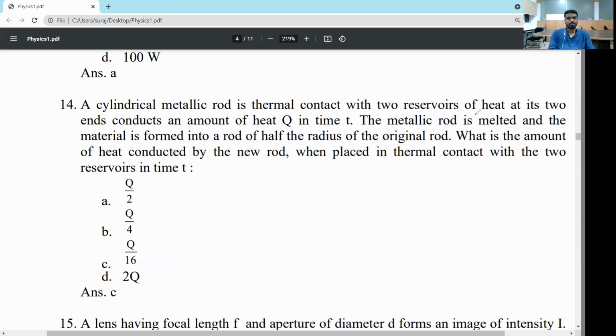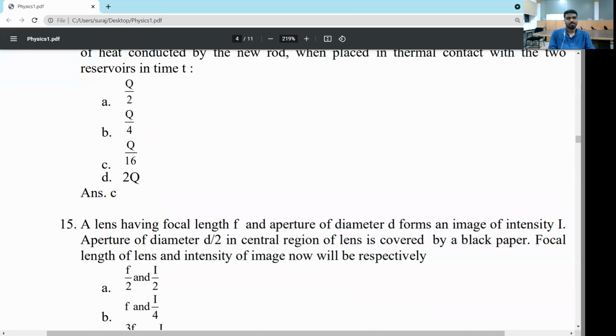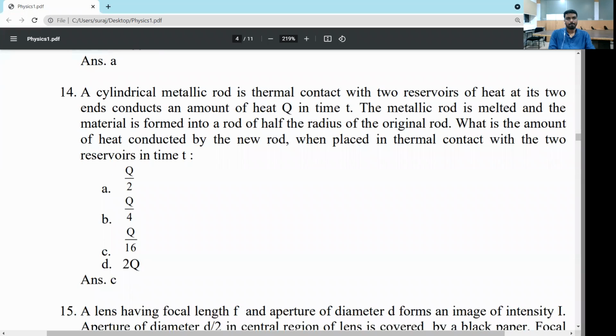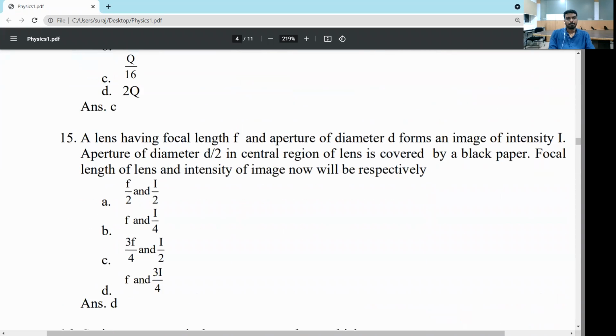Next, question number 15. Question 15. The lens having focal length f and aperture of diameter d forms an image of intensity I. Aperture of diameter d by 2 in the central region of the lens is covered by a black paper. Focal length, and okay, if I cover a lens with black paper, focal length doesn't change.